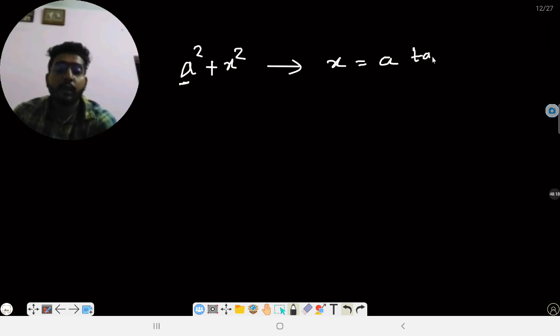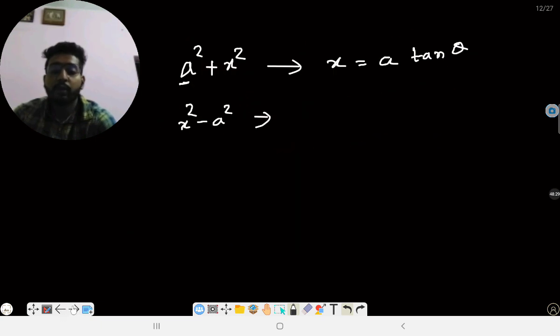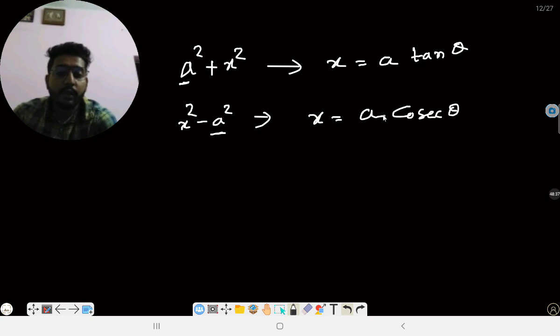Whenever there is a square plus x square, since there is a, you take x equals a tan theta. Suppose there is x square minus a square, then x equals sec theta or cosec theta; since there is a, take it as a sec theta or a cosec theta.